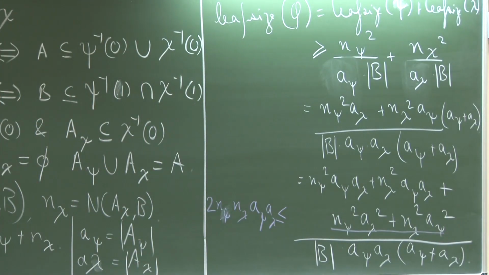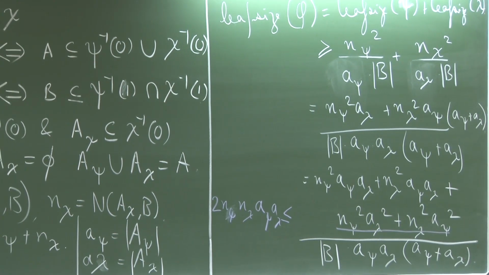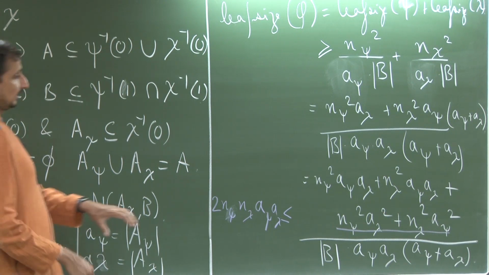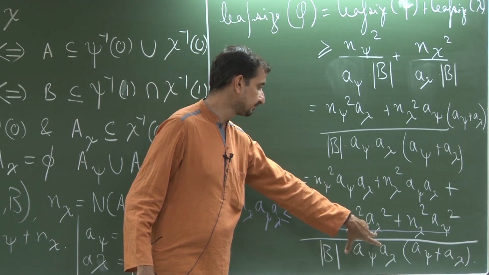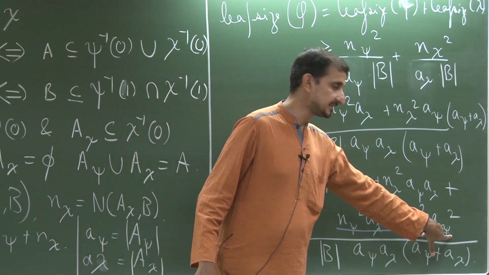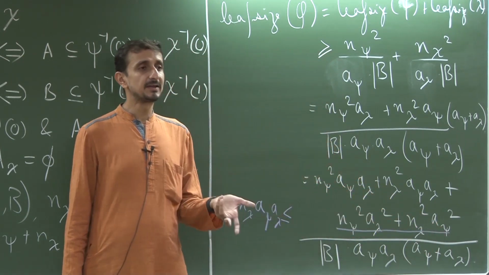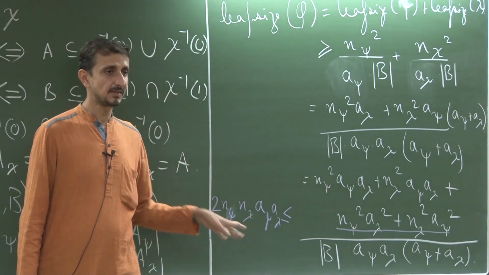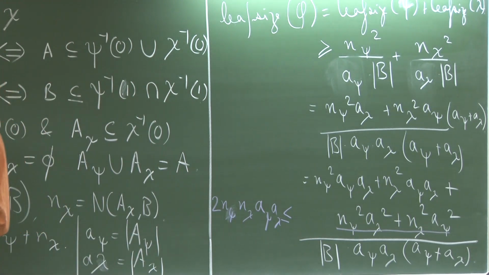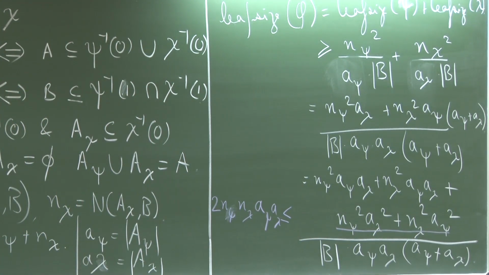How does this hold? Exactly. I can take this as, let us say, a term x and I consider this as my term y. So, (x minus y) whole square is nothing but this minus this, and (x minus y) whole square is always greater than or equal to 0. Okay. So, using that inequality we get this result.